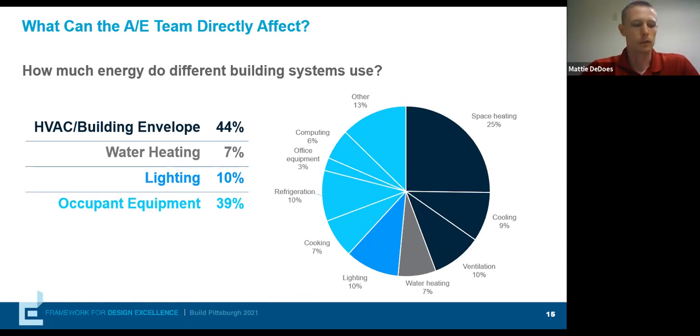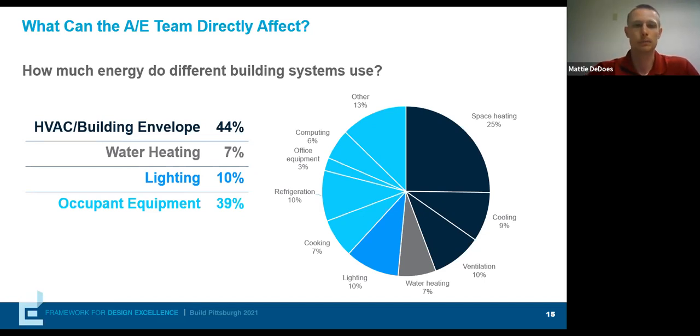So now we're going to take a quick look at where our energy is going and what we can really do about it. The piece we're going to focus on most in this pie chart is the light blue section over on the left. That's all occupant related equipment, whether it's office, refrigeration, miscellaneous air compressors for a lab, anything.